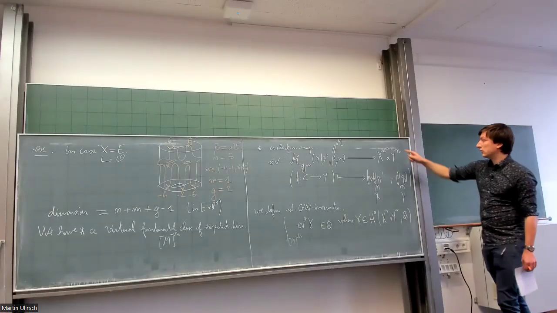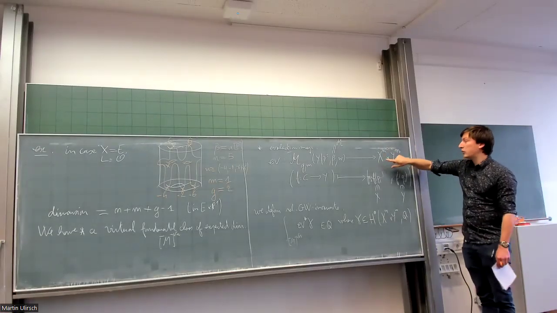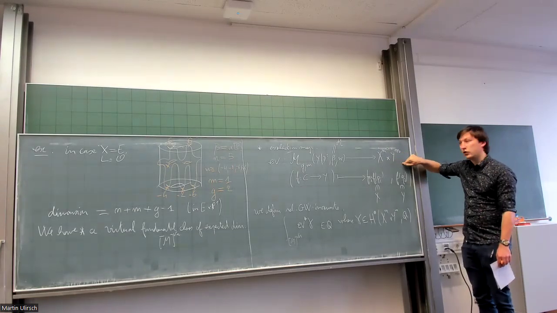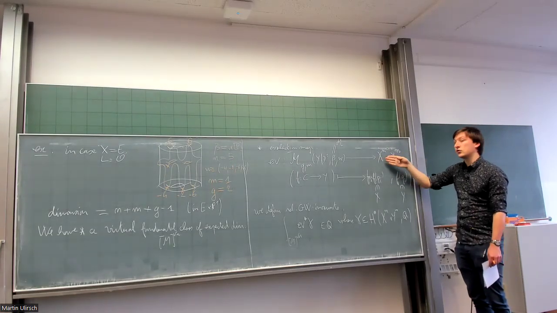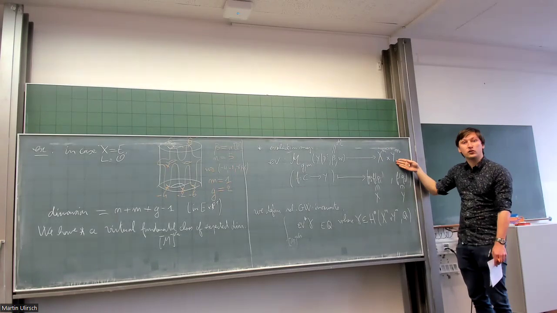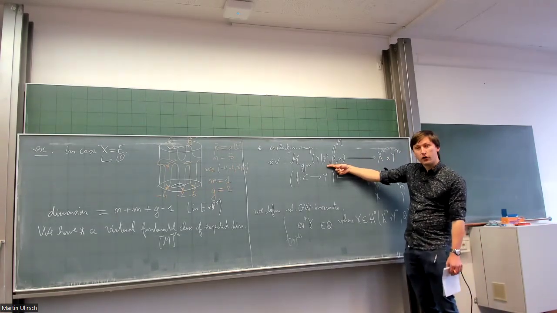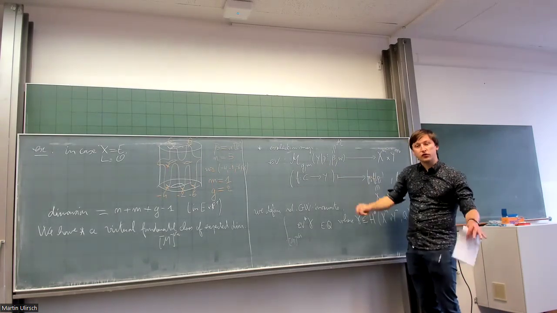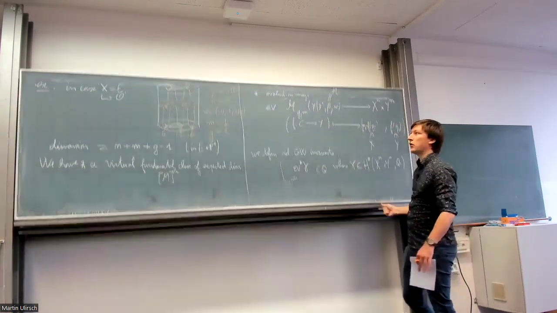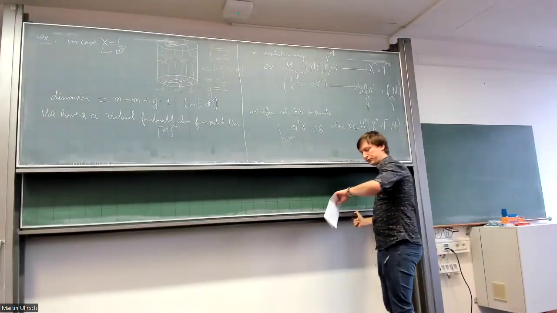What does it mean? In fact, you can pick a product of cohomology classes here, corresponding to Poincaré dual classes to some cycles, like for instance, Poincaré dual to points. And then when you pull back, it amounts to fixed conditions on your curves to pass through some fixed points, for instance. So let's do an example right now on the computation.